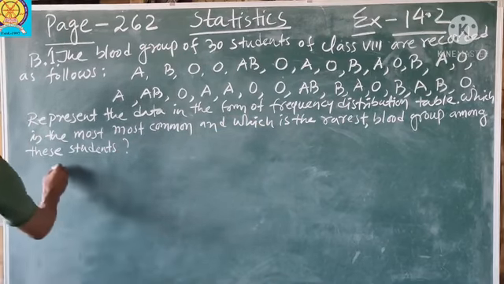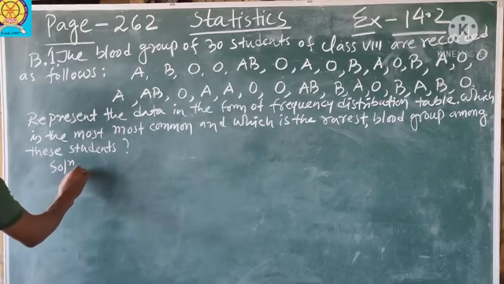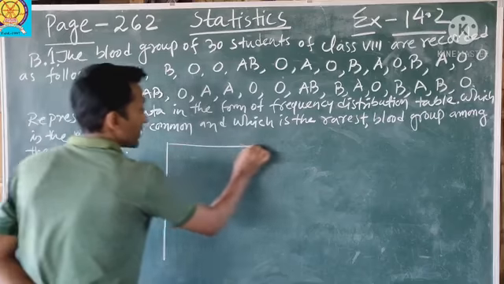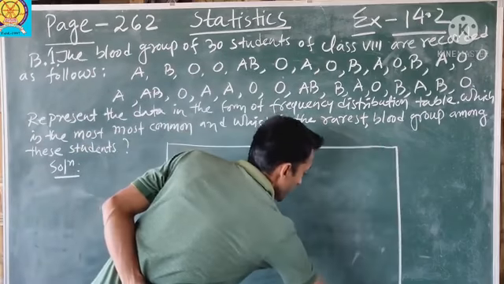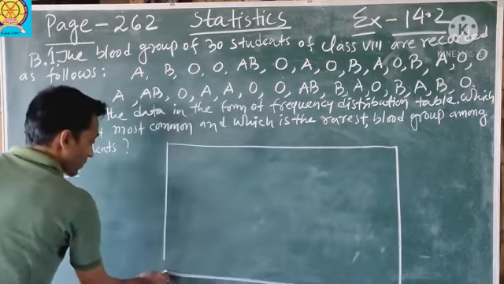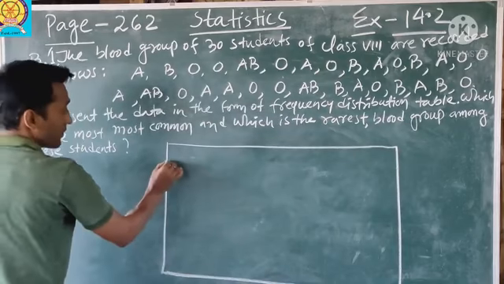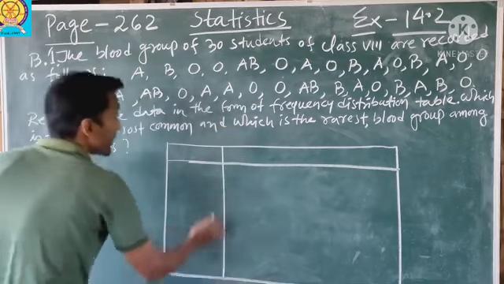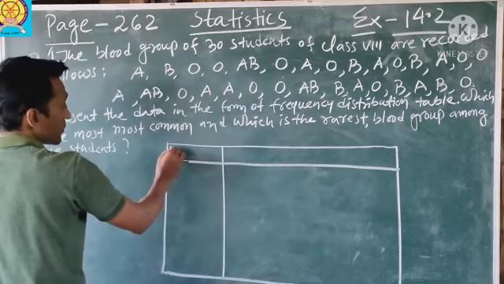So here we will make the frequency distribution table, which you have already learned in the lower class. How to make a frequency distribution table, you have already learned in lower class. So the given data are blood groups.